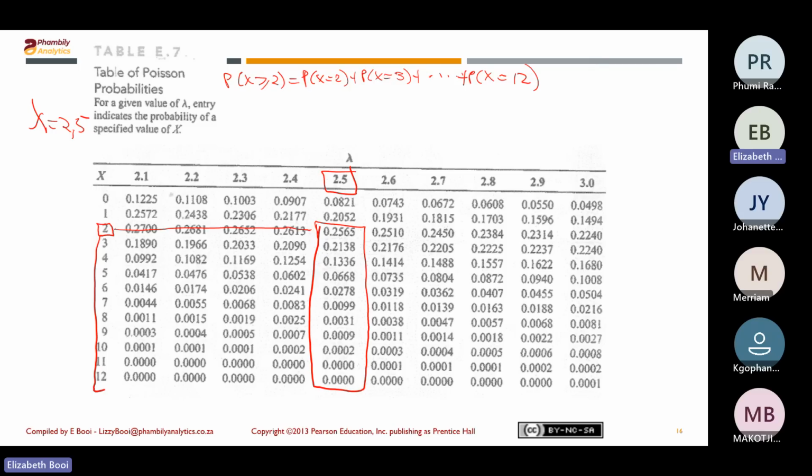And the answer I get is 0.7127 when I add all these values that I have. So that is one way of answering it.